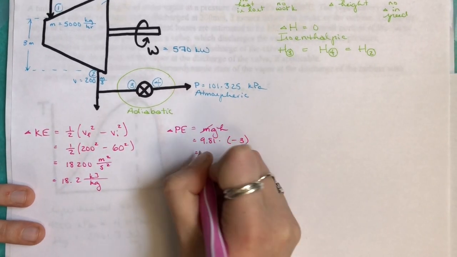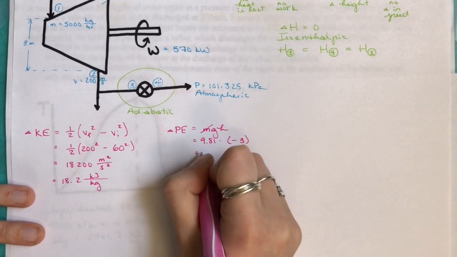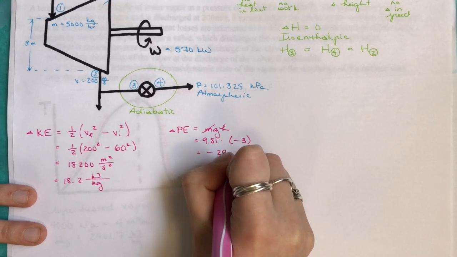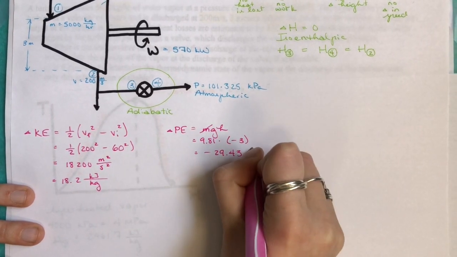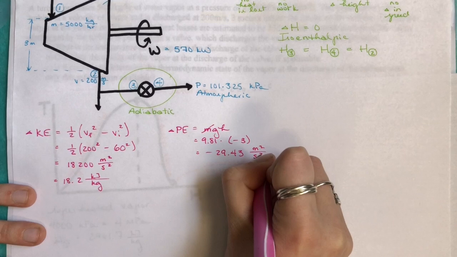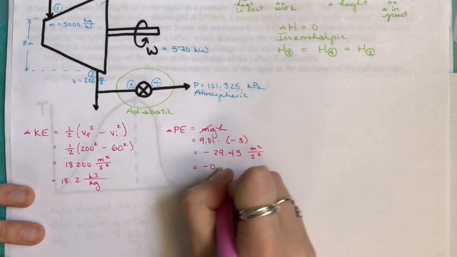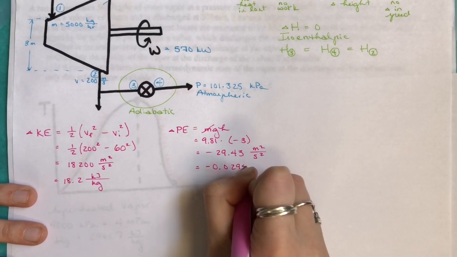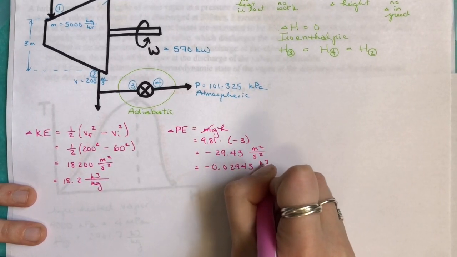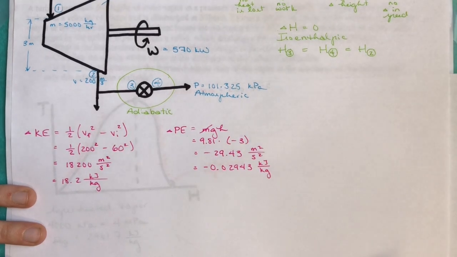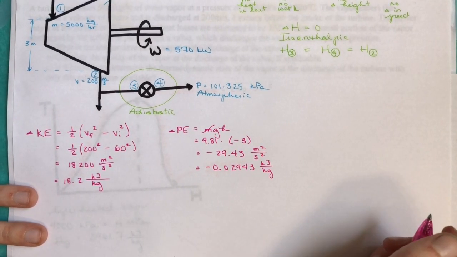Now when we plug that into our calculator, we see that this is negative 29.43 meters squared per second squared. And again, we're going to do that same conversion to convert this to negative 0.02943 kilojoules per kilogram, which is much better units for our equation.